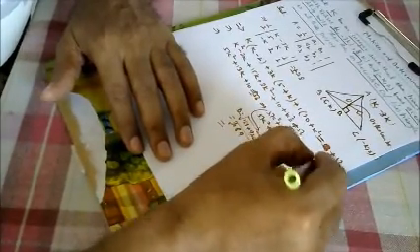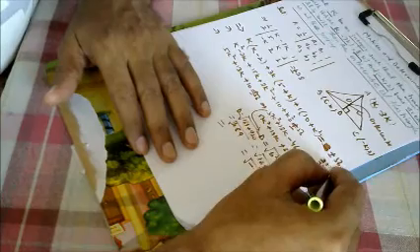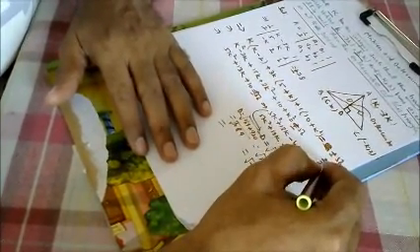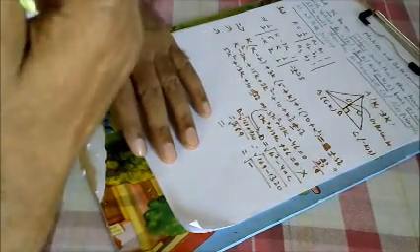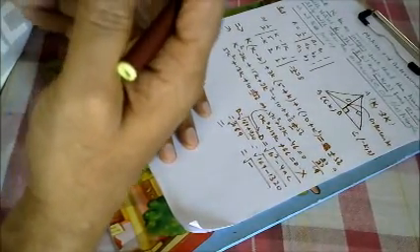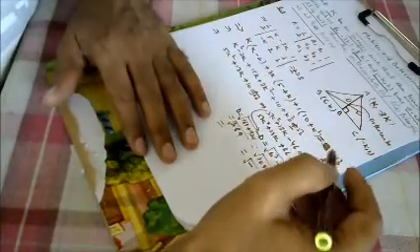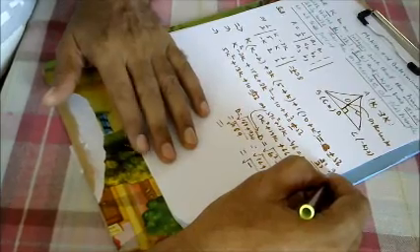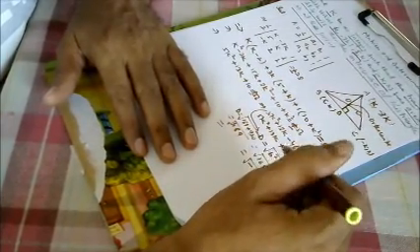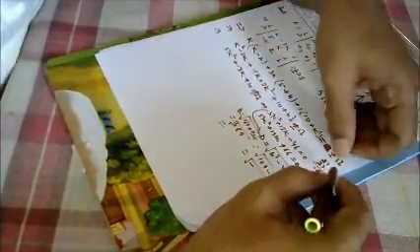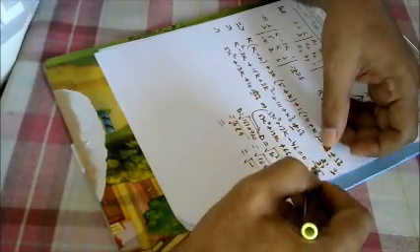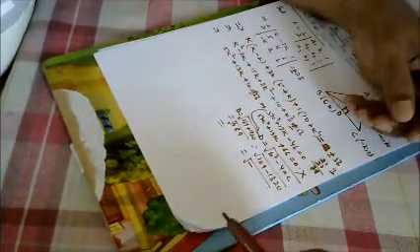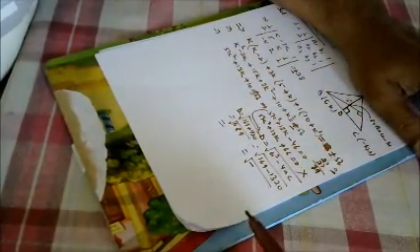If it is 27, 7 × 7 is 49, again 7 × 2 is 14 and 7 × 2 is 14, so 28. 28 plus 9 is becoming 37, so this one will not be there.